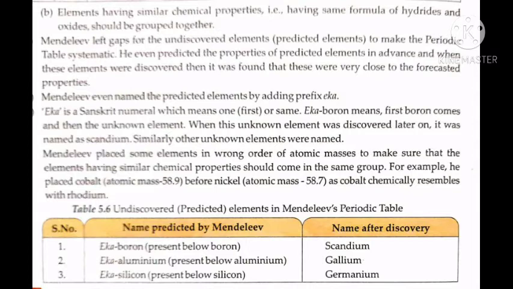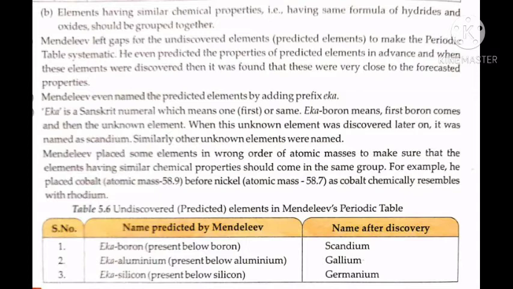Eka is a Sanskrit numeral which means one or same. Eka boron means first boron comes and then the unknown element. When this unknown element was discovered later on, it was named scandium. Similarly, other unknown elements were named.